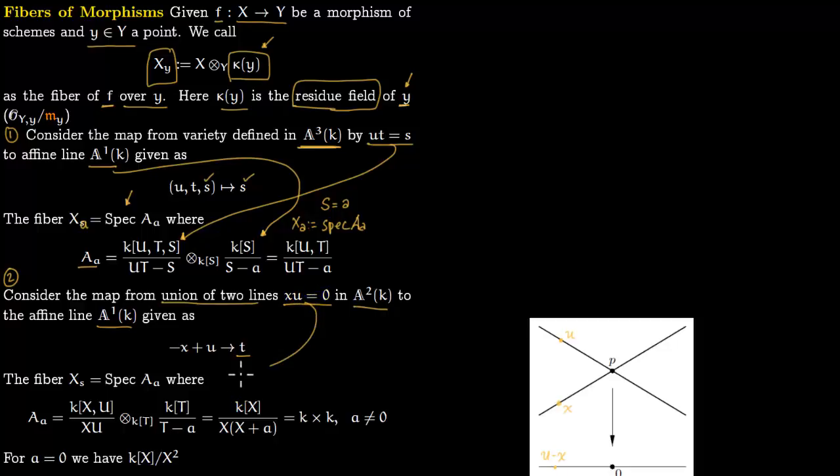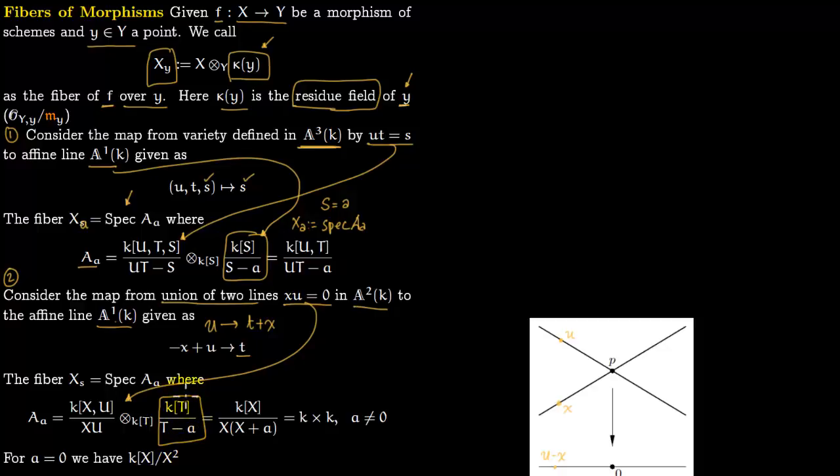So corresponding to this, you have this coordinate ring k[x,u]/(xu). Then you tensor it over the affine line. Again, the affine line is given exactly like this, so instead of s, we are putting in t. Now u becomes t plus x. So we are replacing u with t plus x, but t becomes a because you are evaluating this at a.